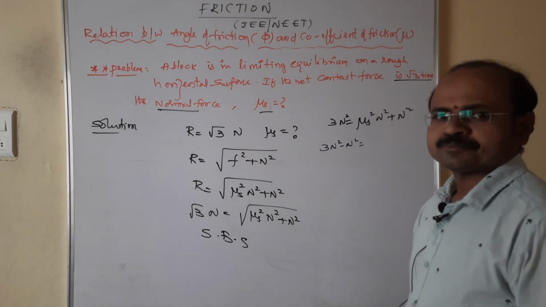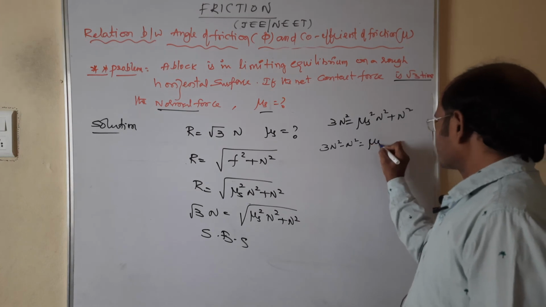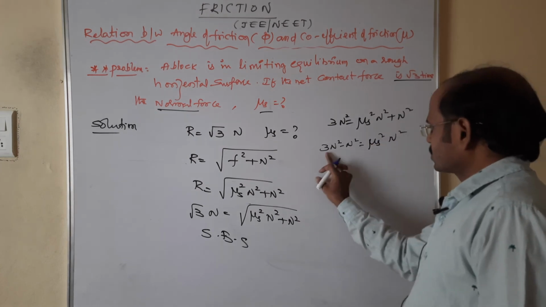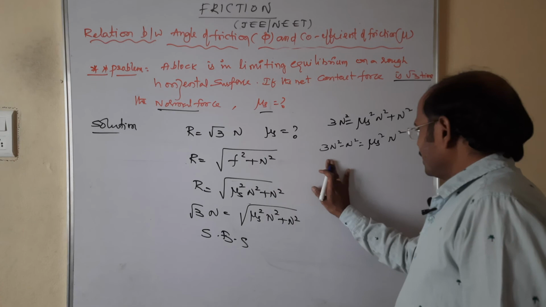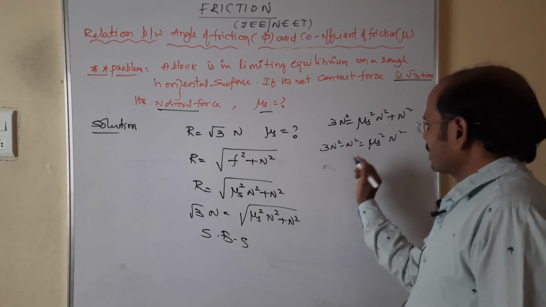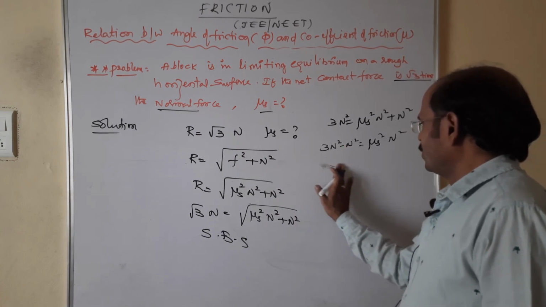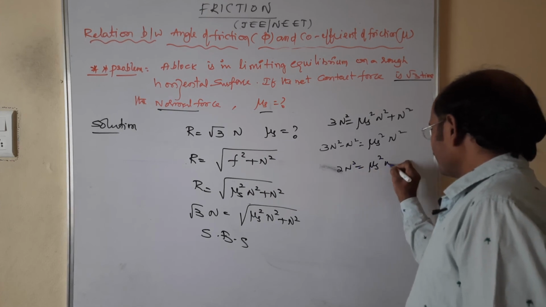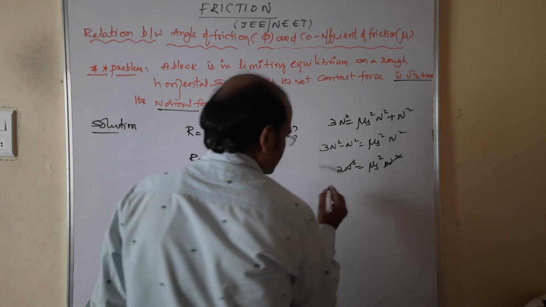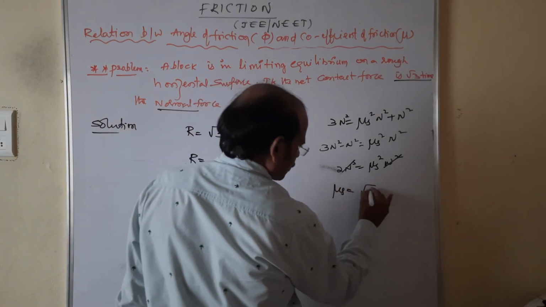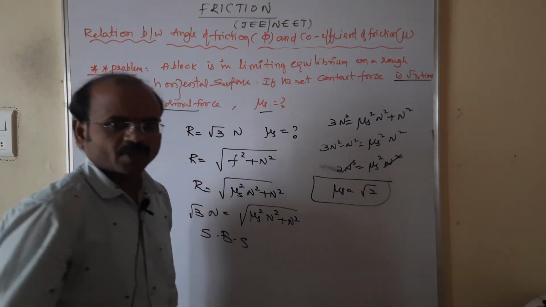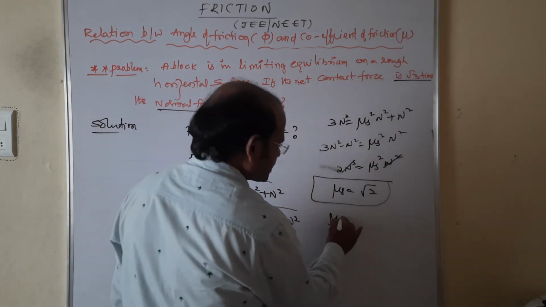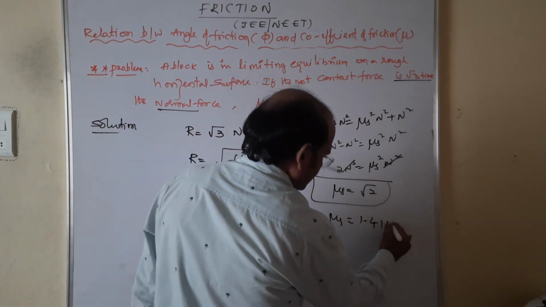Now coming to the μs square into N square, you subtract this, so it becomes 2N square is equal to μs square into N square. N square is cancelled, so our μs is equal to root 2 is the answer. Also we know the root 2 value is 1.414.